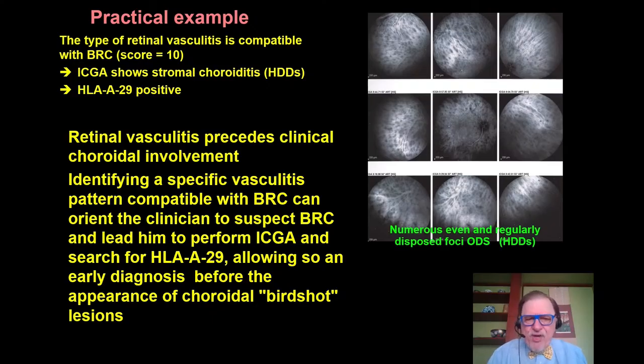Retinal vasculitis precedes clinical choroidal involvement. Identifying a specific vasculitis pattern compatible with birdshot can orient the clinician to suspect the disease and lead him to perform ICGA and search for HLA-A29 if we find the characteristic choroidal involvement, HDDs regularly disposed.